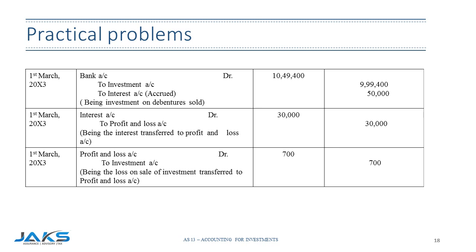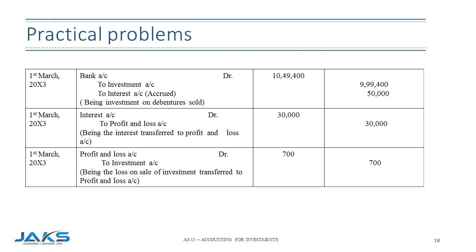Then, as the sale is on cum interest price, accumulated interest also needs to be deducted, Rs 50,000. Computation can be seen in working notes. So, the net amount is 999,400. And the sale has been done.